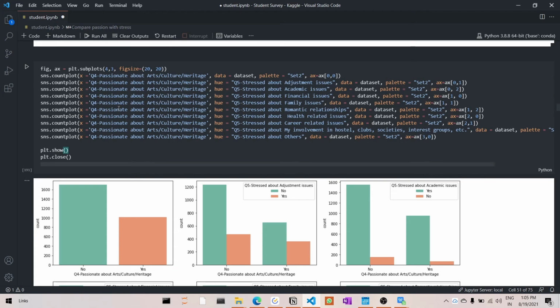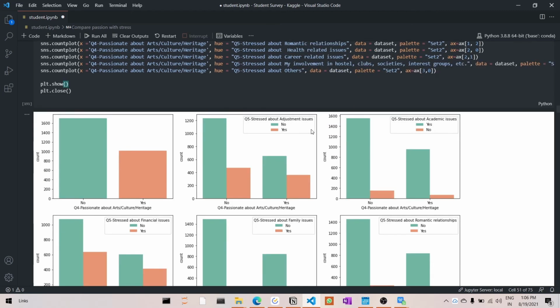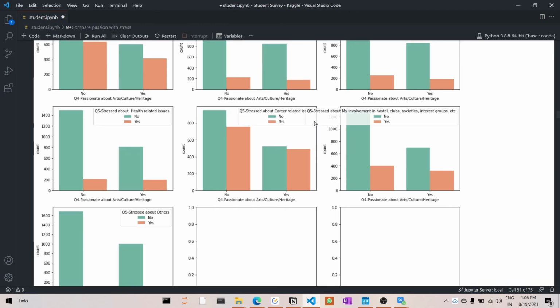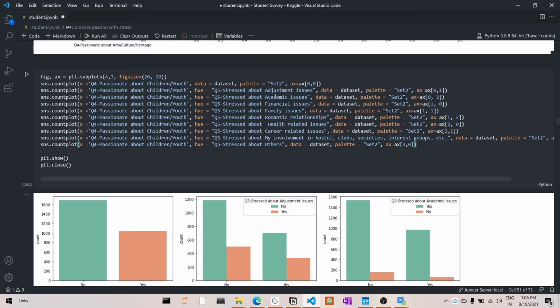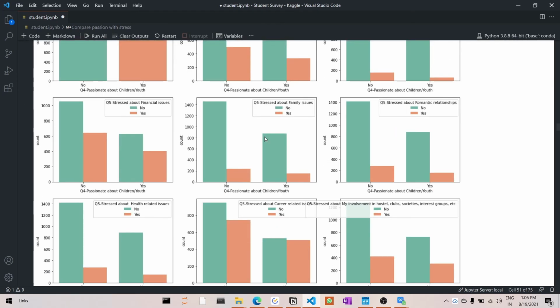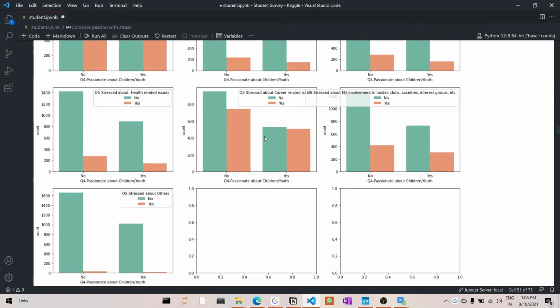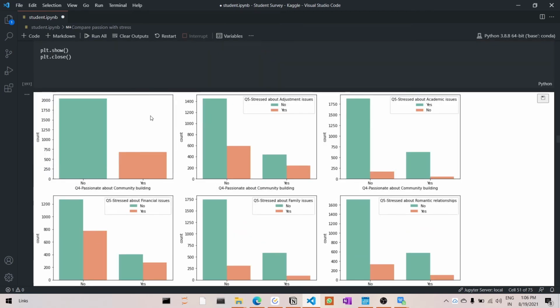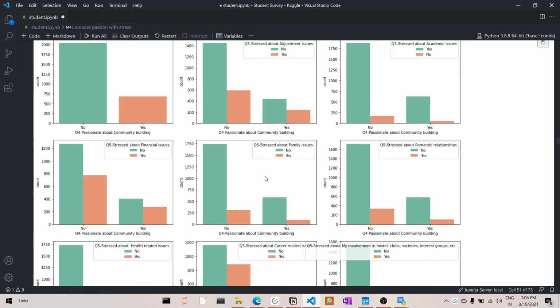Then passionate about art, culture and heritage, and we can see the different stress counts. Then passionate about youth and children, and you can see the different count. Then passionate about community building and various stress count. So most of the students are not passionate about community building, but they are still stressed about various stresses.